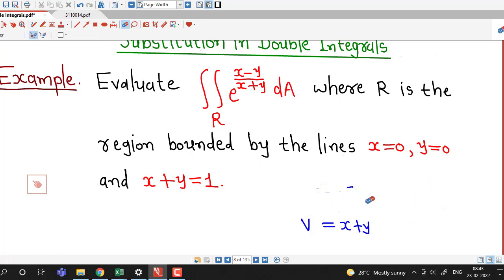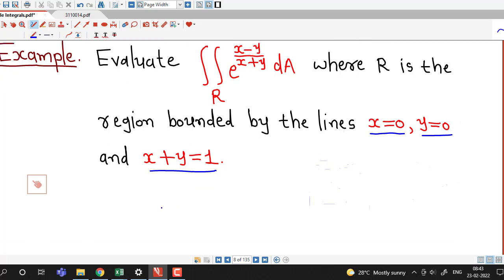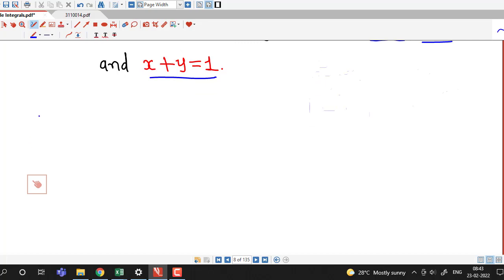So here we will apply this change of variables, and we have to find the region of integration corresponding to the new variables also. The region of integration in the given variables is the region bounded by x equal to 0, that is the y axis, y equal to 0, that is the x axis, and the line x plus y equal to 1. So first we write down the given region.